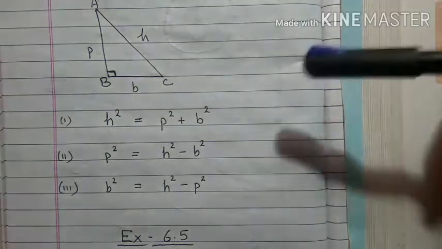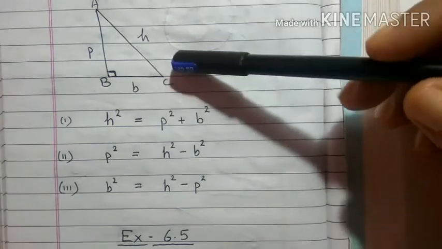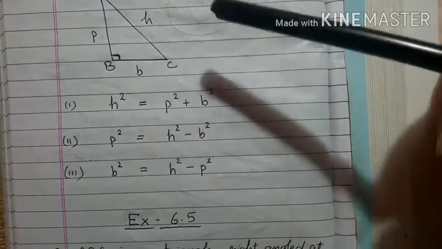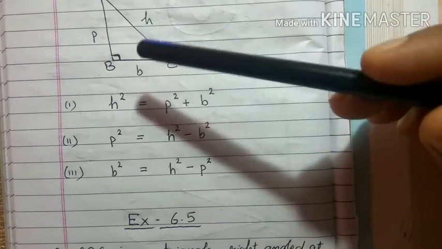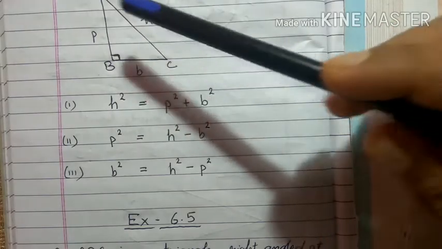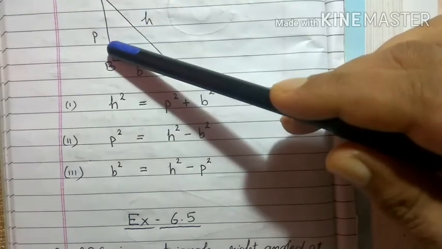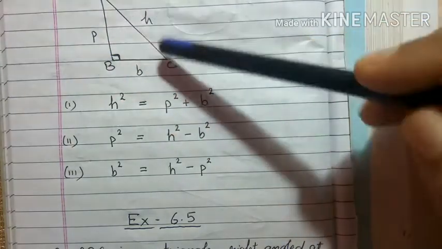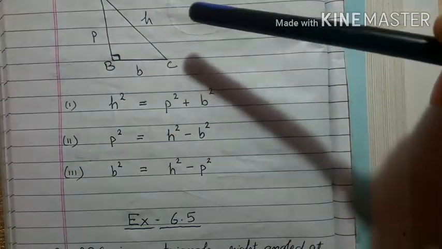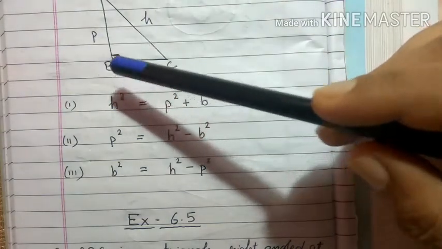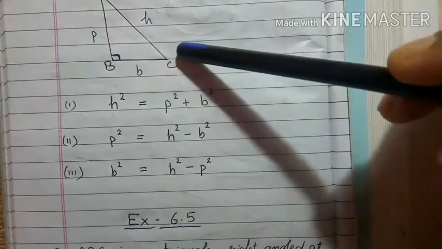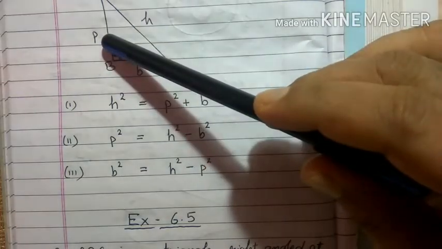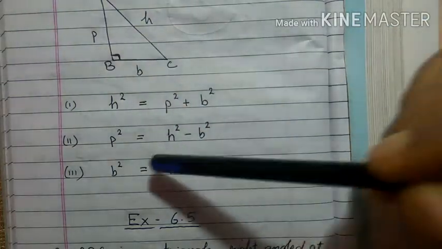We can apply this formula when hypotenuse is missing and perpendicular and base are given. Now in second, when hypotenuse and base is given and we need to find out the perpendicular, since perpendicular is a smaller side, smaller than hypotenuse, whenever we find any smaller side, we apply hypotenuse square minus next smaller side square. So p square is equal to h square minus b square.